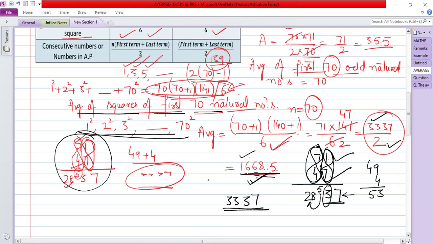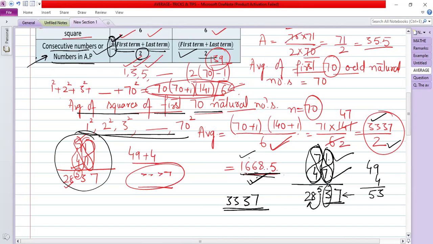Okay. Now there is another remark here: if our numbers are in AP, meaning arithmetic progression, then the sum is basically given by n, the number of terms, into first term plus last term divided by 2. Then obviously the average will be given by first term plus last term divided by 2.